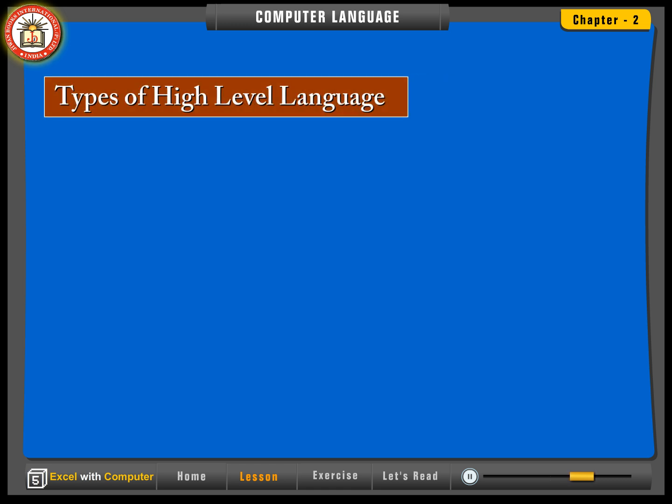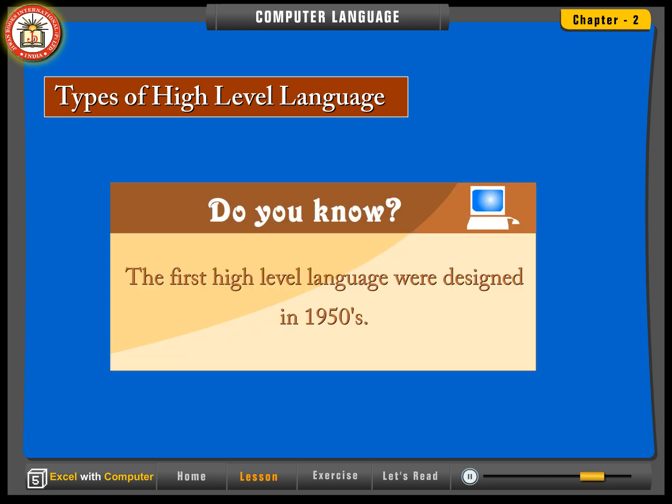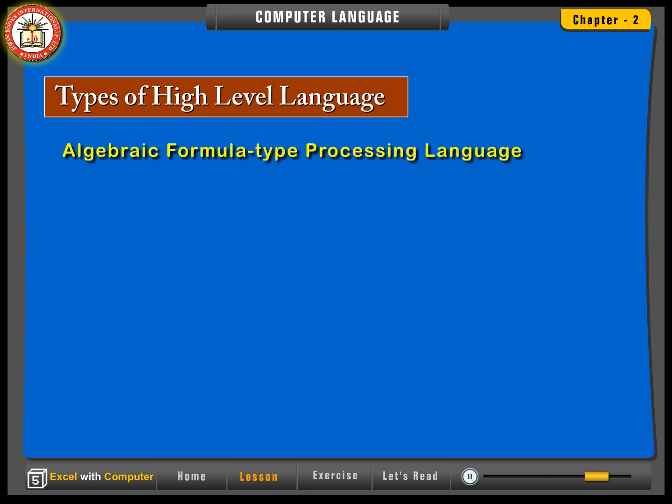Types of high-level language. There are many high-level languages developed for performing different varieties of tasks. Some of them are specialized and others are quite general purpose. Do you know, the first high-level languages were designed in the 1950s. Algebraic formula type processing language.